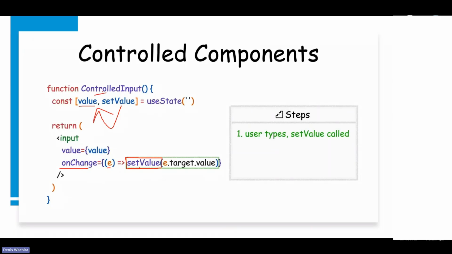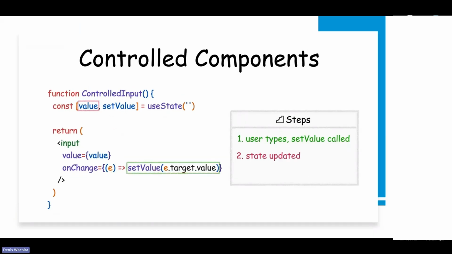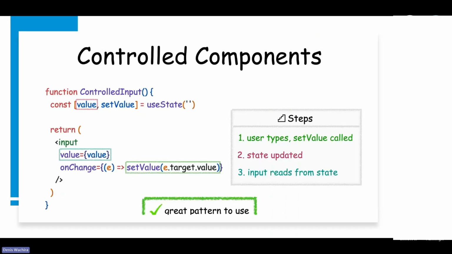This is not a normal variable, as we said, so this value can be updated with this function. We update it with the event target dot value of this input. So that is it, and these are just examples of what we will be working with.